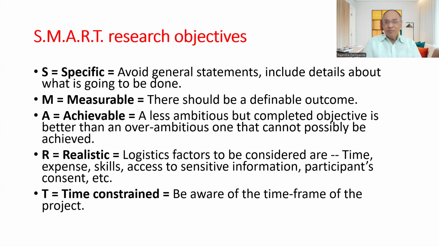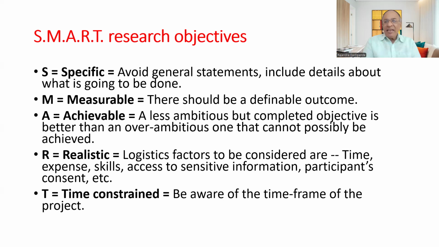Our objective should be less ambitious, but a completed objective is better than an over-ambitious one that cannot possibly be achieved. So it should be an achievable objective. R for realistic. Logistic factors to be considered like time, expenses, skills, access to sensitive information, and participants' consent.